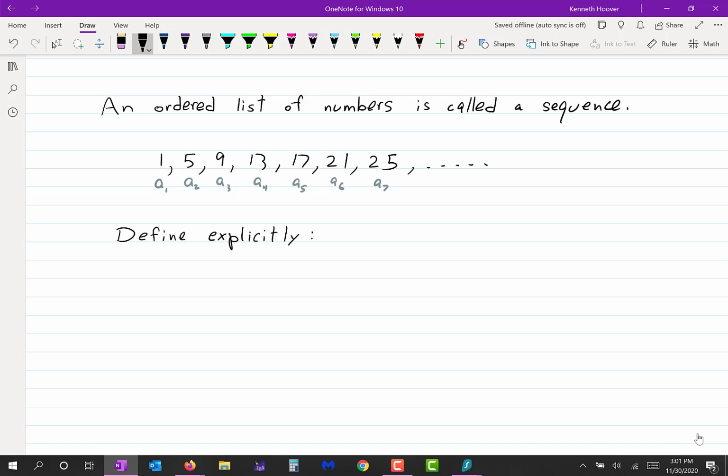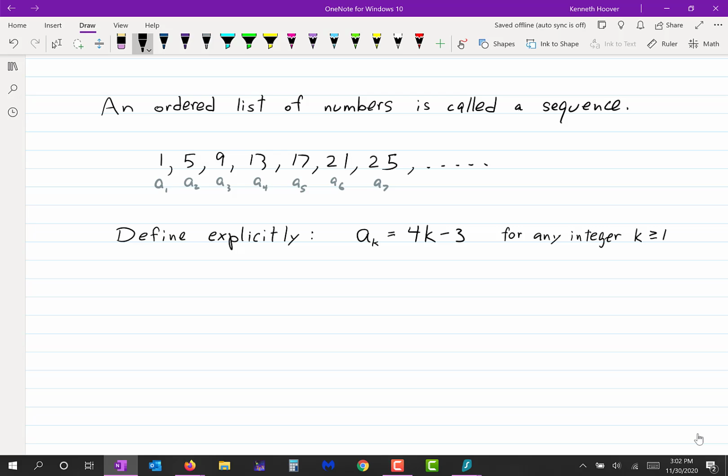Okay, like an example here would be, for that sequence I could write a sub k equals, let's see, 4k minus 3. Do you agree that that formula would work for any integer k, starting with what in this case? Starting with 1, right? Do you agree that that's true?